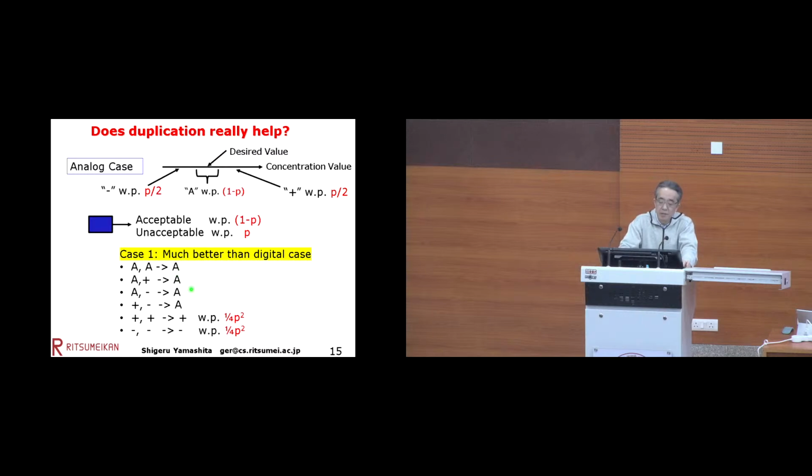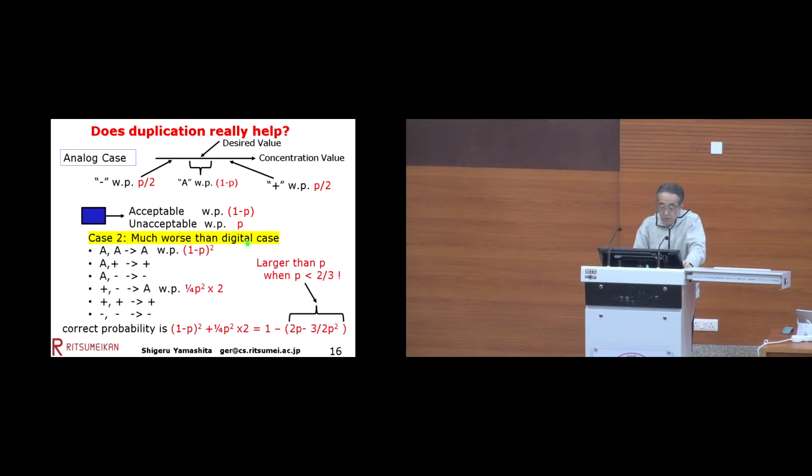If both are larger than the desired value, or both are lower, then we get undesired values. The probability P becomes P squared, which is something like the digital case. So duplication works very well.